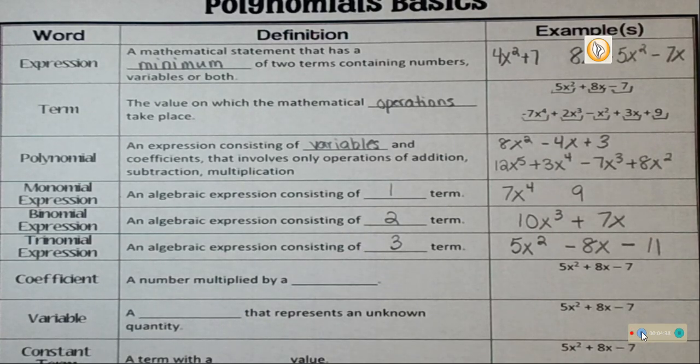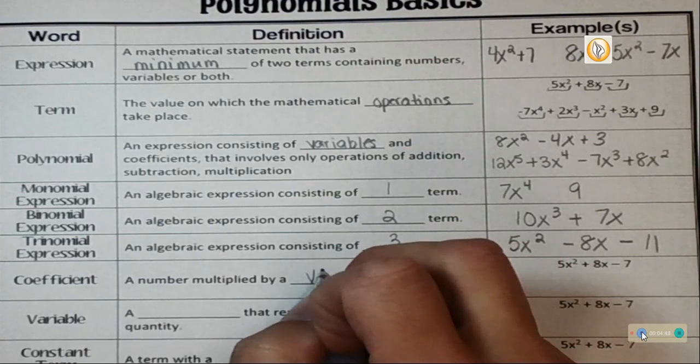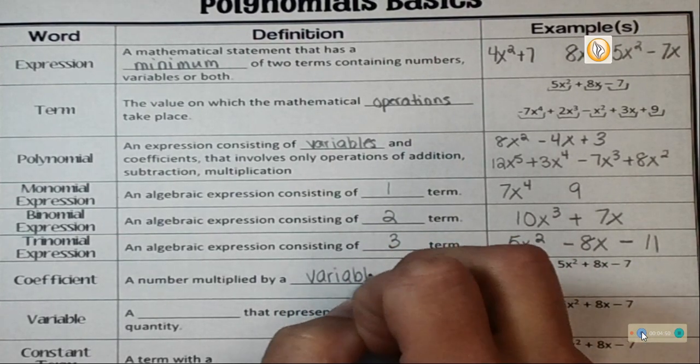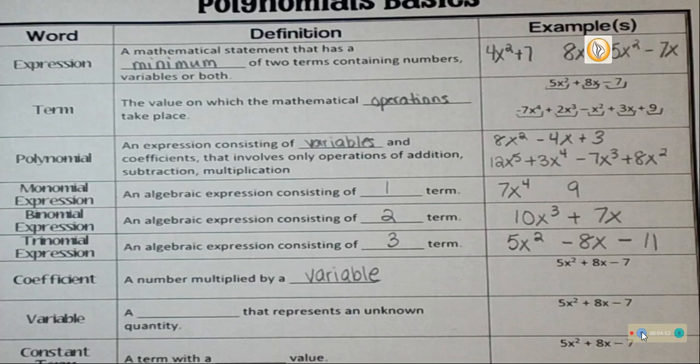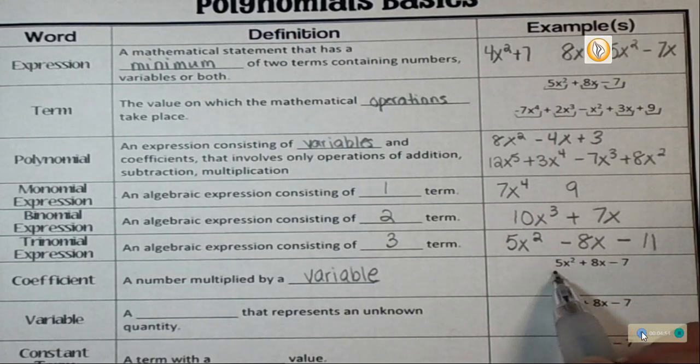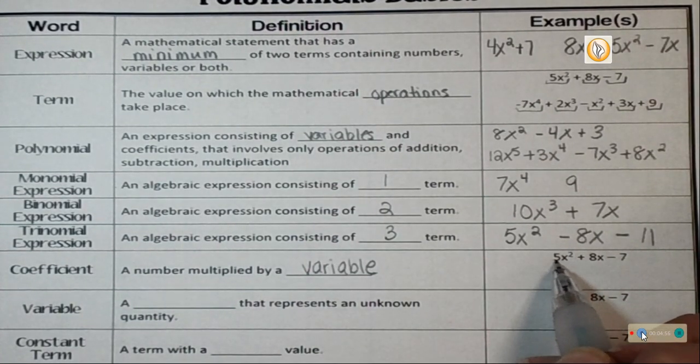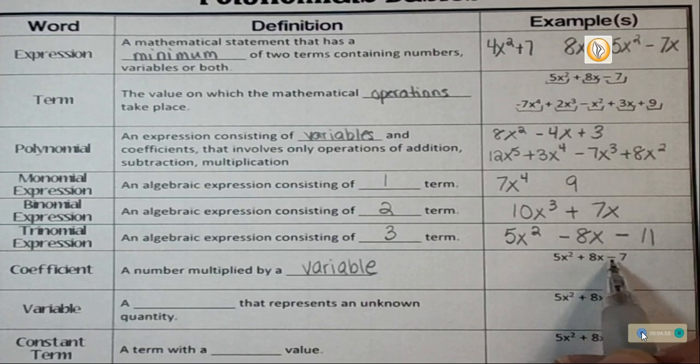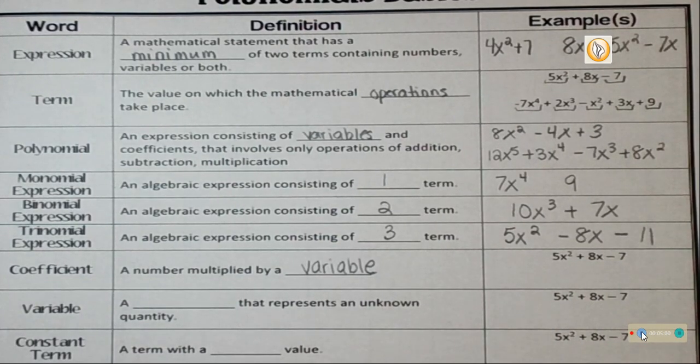Now, what's a coefficient? Where do you find a coefficient? It's the number in front of the variable. That's exactly right. So it's a number multiplied by a variable. So in this expression that I typed right here, 5x squared plus 8x minus 7, I see 3 numbers, but I actually only have 2 coefficients.